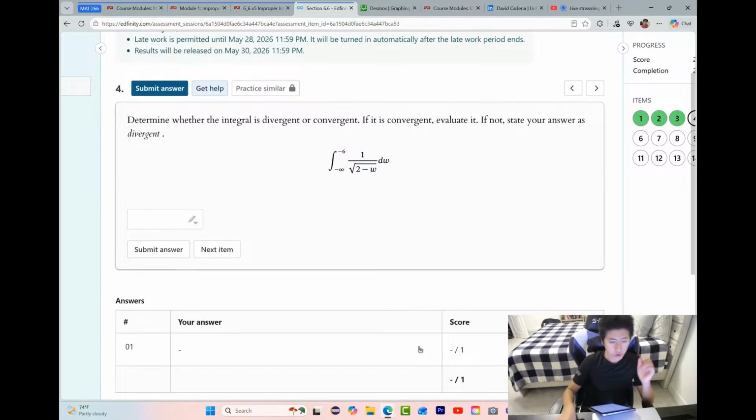So I believe we can do u substitution, or this looks like the derivative of arcsin, 1 over the square root of 1 minus x squared. We don't have that here, so we can't do that. We have to do u substitution. So u equals 2 minus w. dw thus equals negative du. Negative 1, yeah.